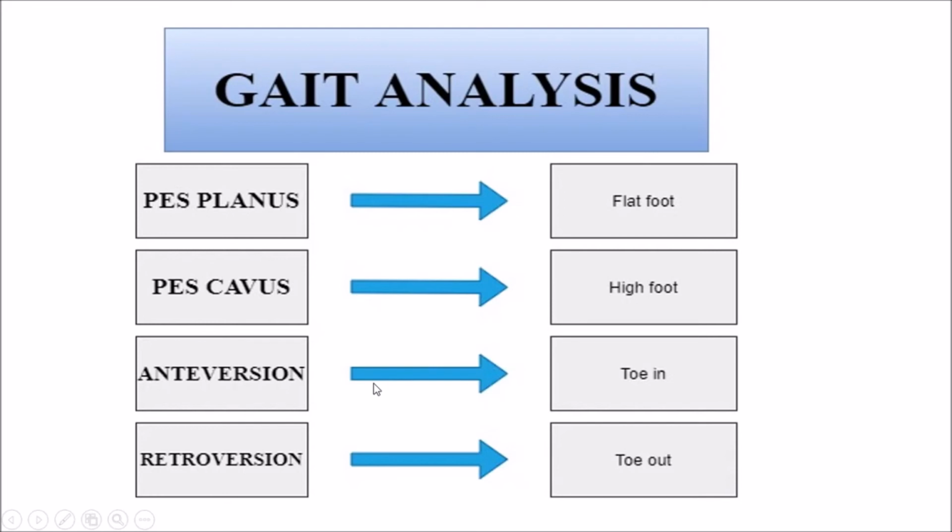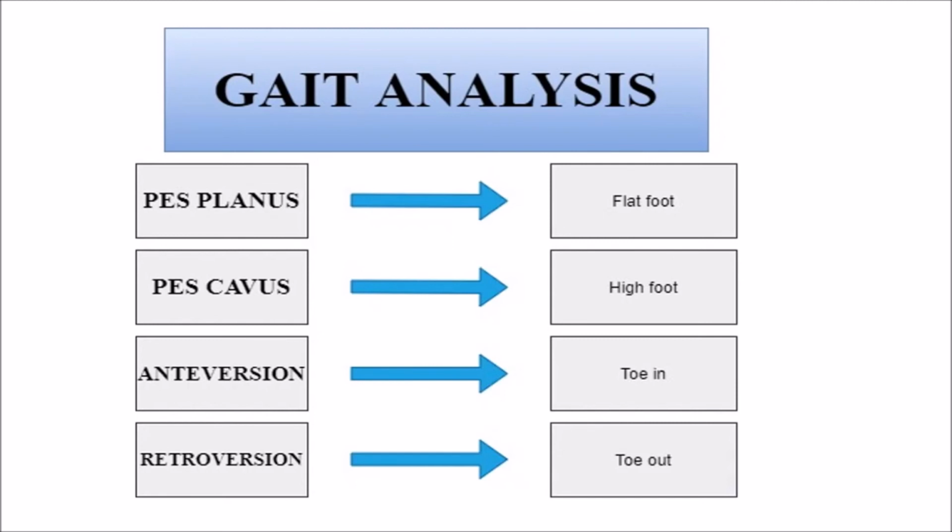When anteversion increases, genu valgum, known as knock knees, develops on the knees, and coxa vara develops on the hip. Next, the femoral condyles move internally and the tibia moves externally. When there is a flat foot, the arch decreases, toe-in gait develops, and weight bearing on the medial side increases.